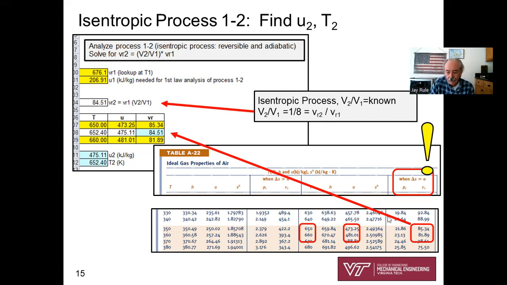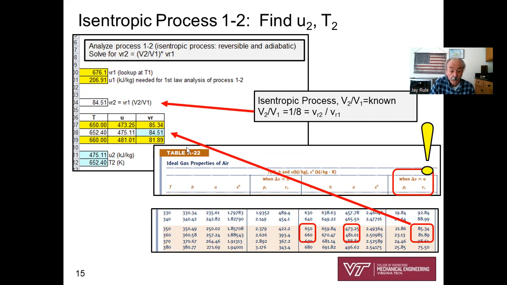Now, what do we do with 84.51? We go back to table A22, and we have to eyeball the vr columns carefully. I'm looking for 84.51, and I start looking for the trends. Oh, I see over here. Okay, I'm in between two numbers, so I'm going to have to interpolate, for u and for T. U2 is going to be somewhere between 473 and 481, and T2 is going to be somewhere between 650 and 660.